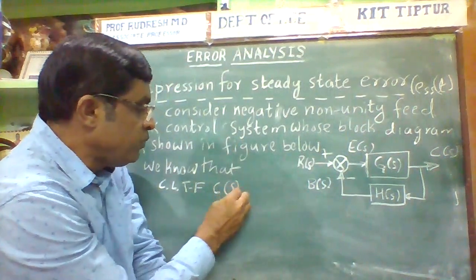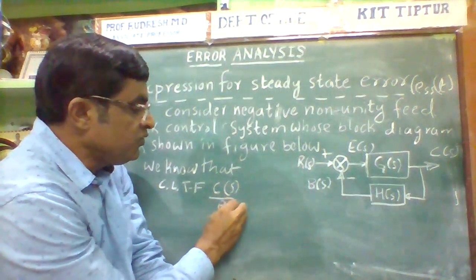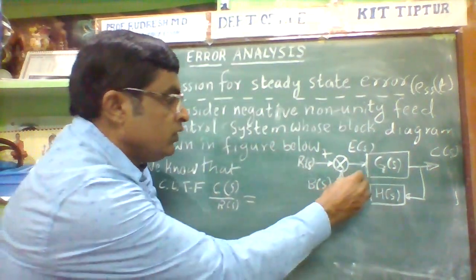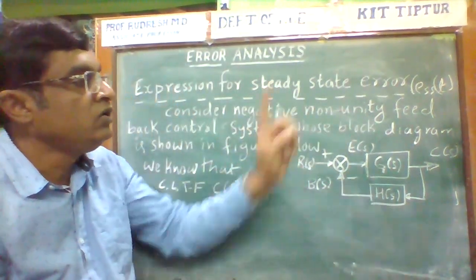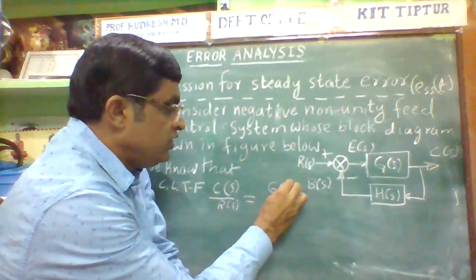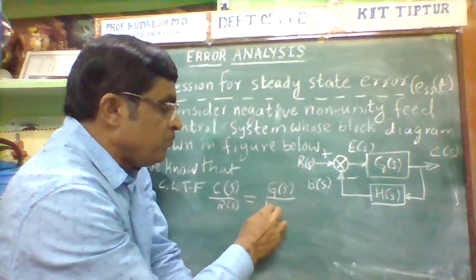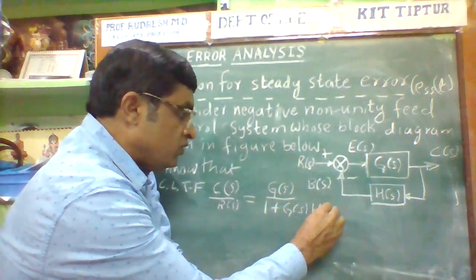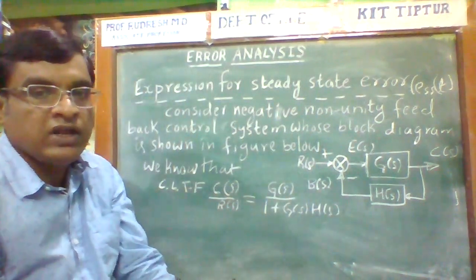C(s) divided by R(s) is equal to G(s) divided by 1 plus G(s) into H(s), as it is a negative non-unity feedback system. This we should remember; this is a standard expression.